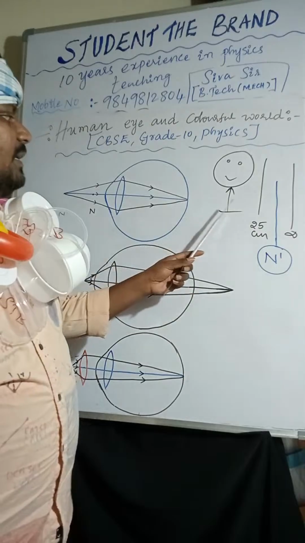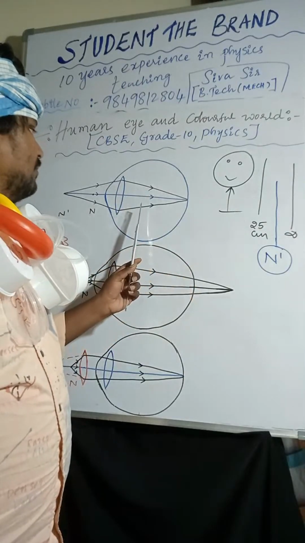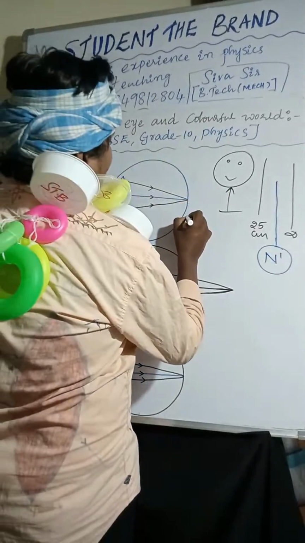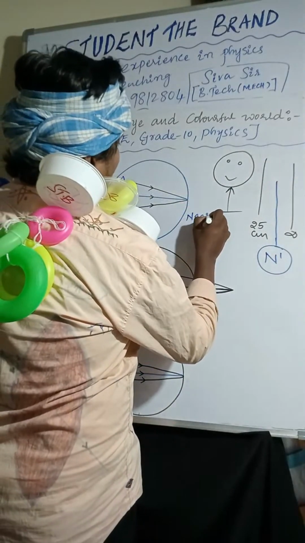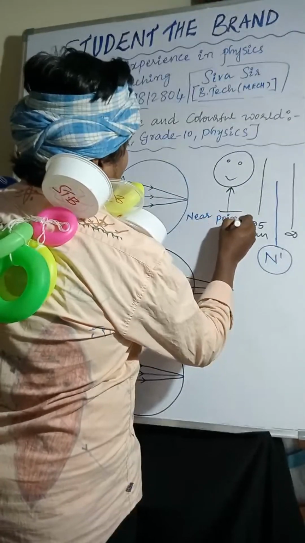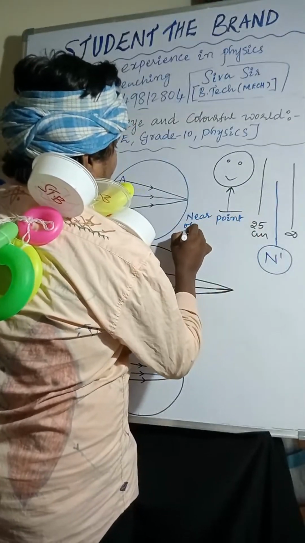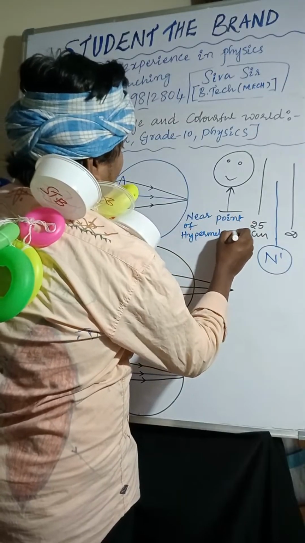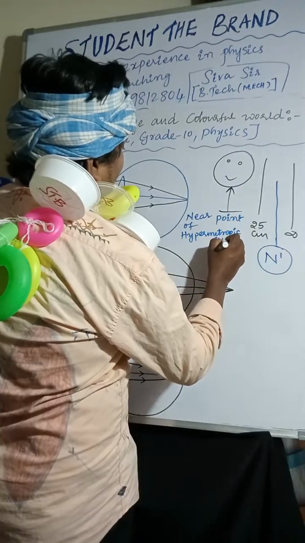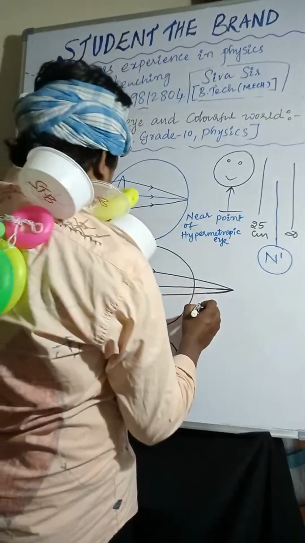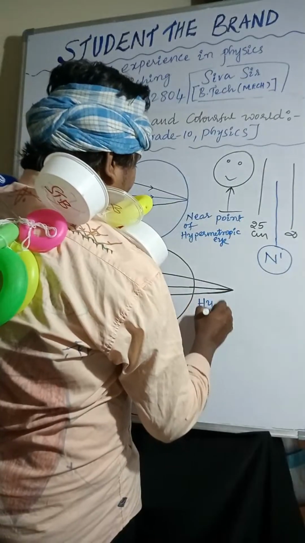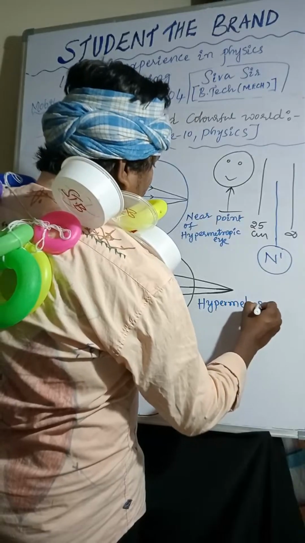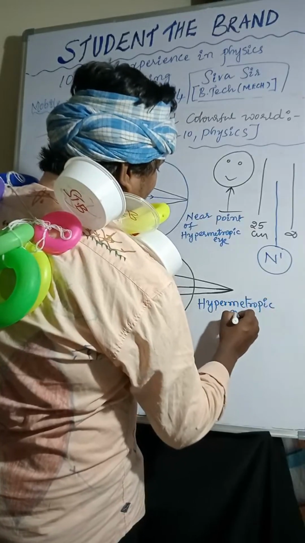So first, this is the near point of the hypermetropic eye. This one is the hypermetropic eye.